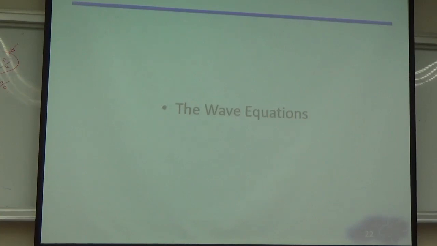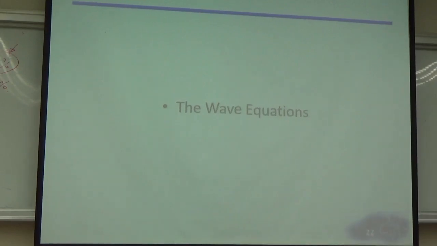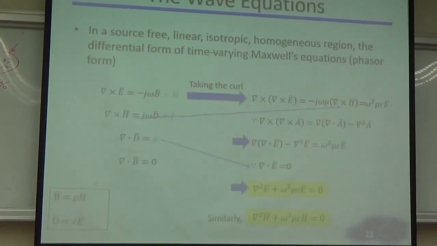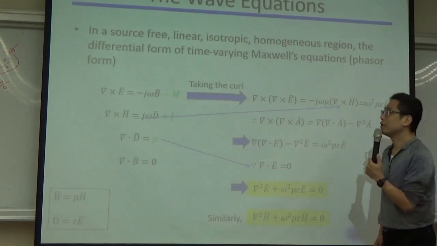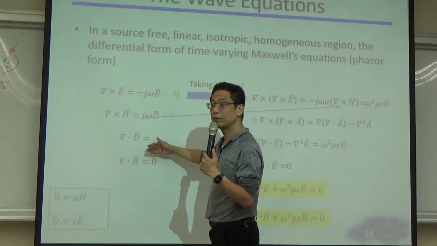We can start to know about the relationship between the E field and the H field. So this is the origin of how we know about E and H: Maxwell's equations.